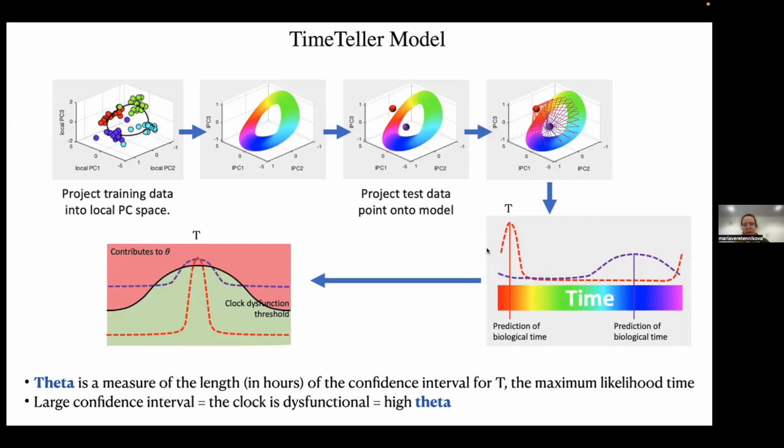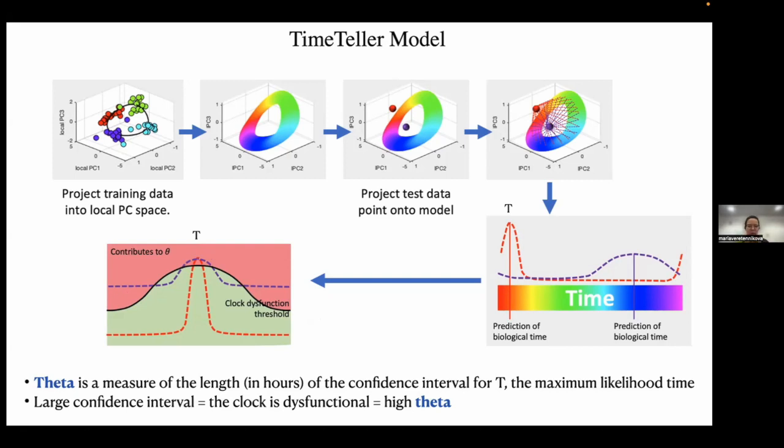You obtain your likelihoods, and then you average those likelihood curves, and then you consider that average likelihood versus a specific threshold, a specific log dysfunctionality threshold that I will talk about, and then basically the measure of theta, which is what we call the dysfunctionality metric.